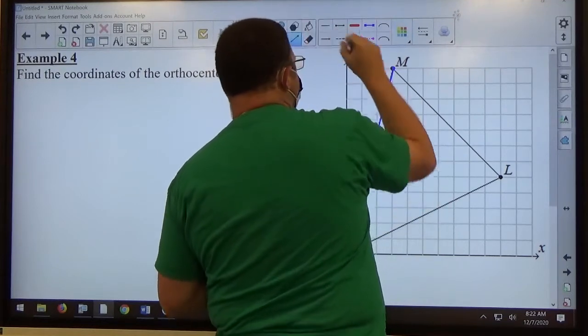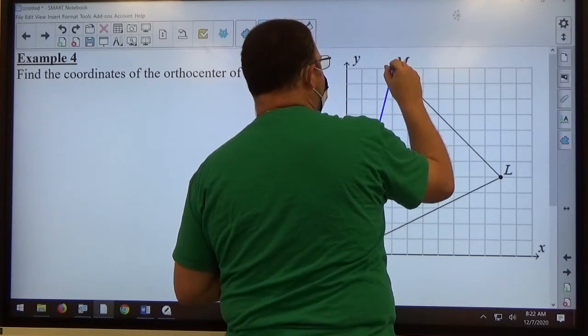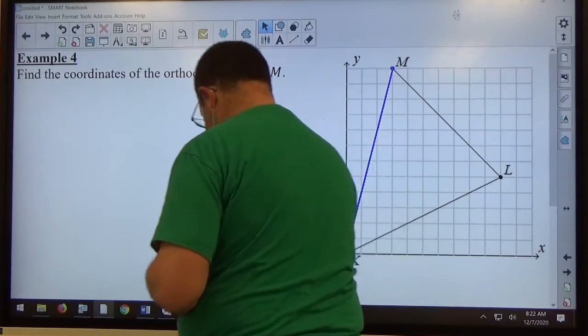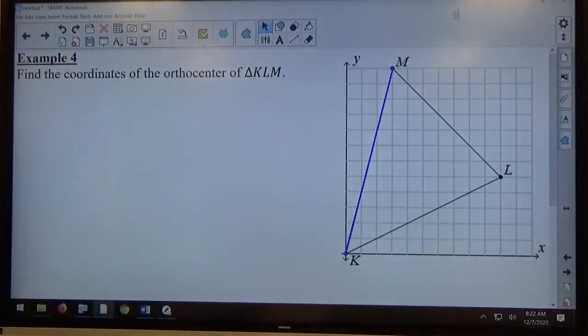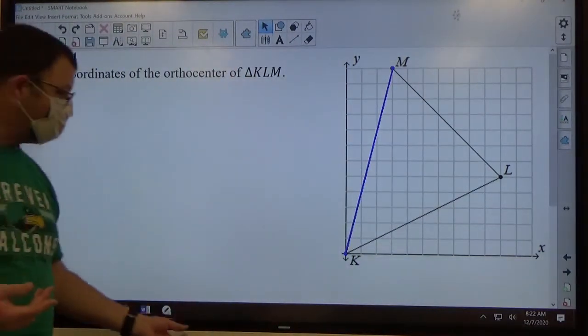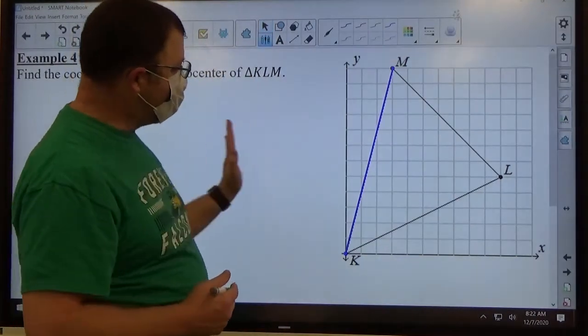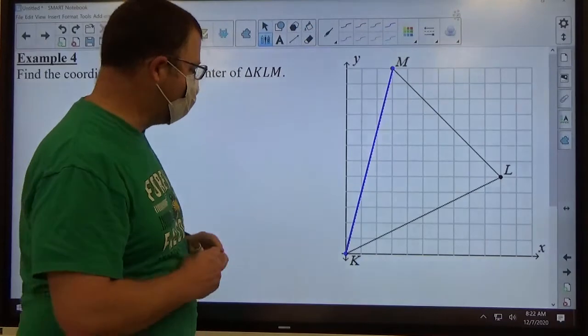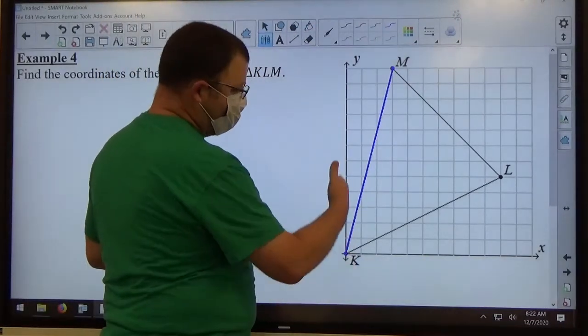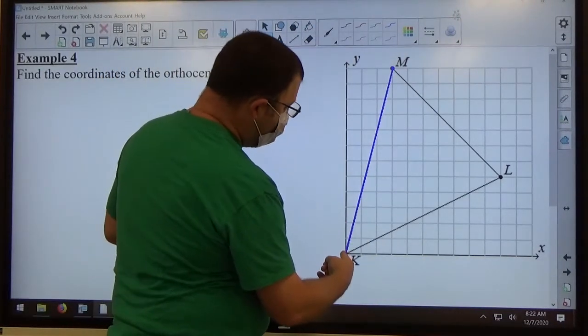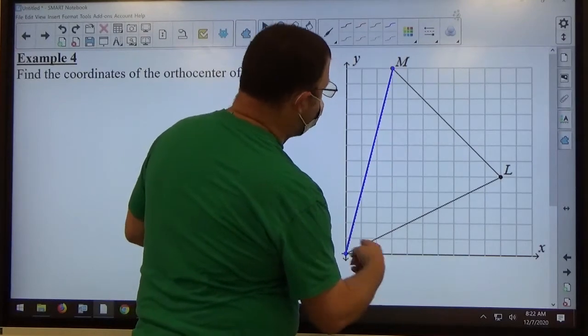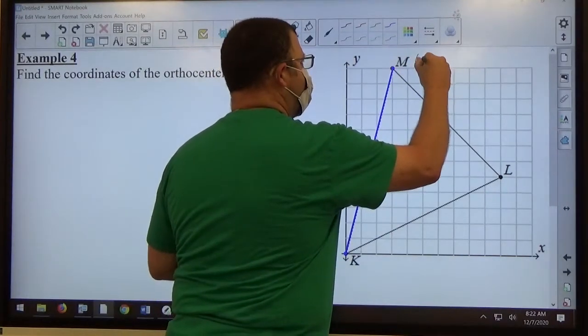Okay, so the piece of information I need to get the altitude of MK is the coordinates of MK. I'm also going to need the coordinate of L at some point, so I'm just going to identify the coordinates of all 3 points right away. To find coordinates, we just establish a horizontal and a vertical direction to get to each point. If I start at the origin, where the x and y axes intersect, 1, 2, 3 to the right makes M's x coordinate 3.